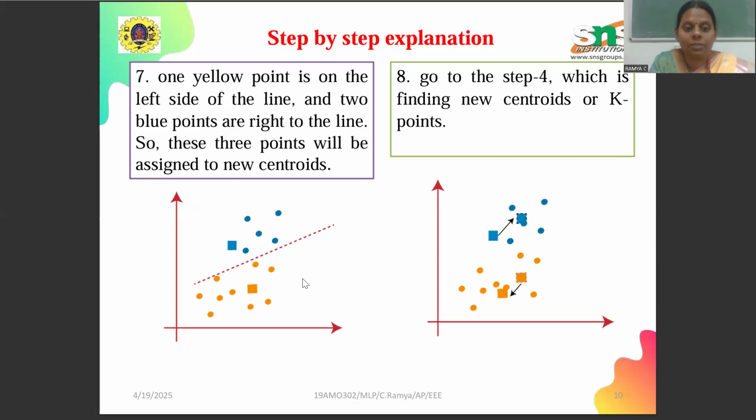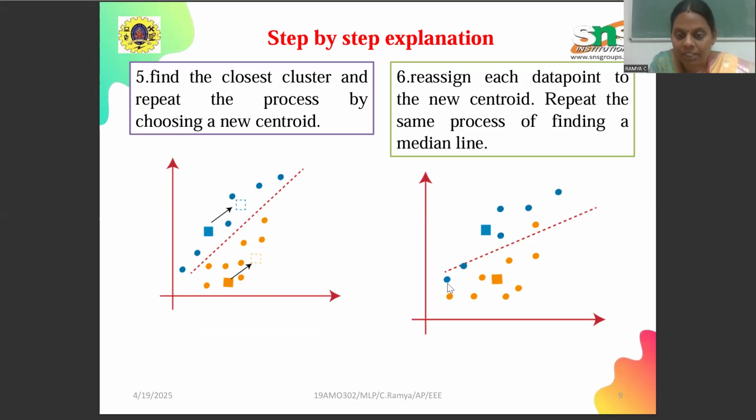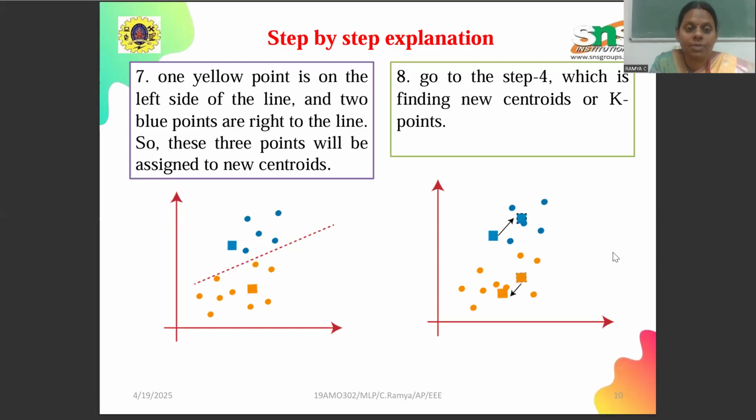Coming to the seventh point, one yellow point is on the left side of the line and two blue points are on the right of the line. Let me show you in the previous figure. Here, two blue dots are placed in the orange cluster and one orange point belongs to the blue cluster. That's why I explained it in the seventh point. So now these 3 points are assigned to the new centroids.